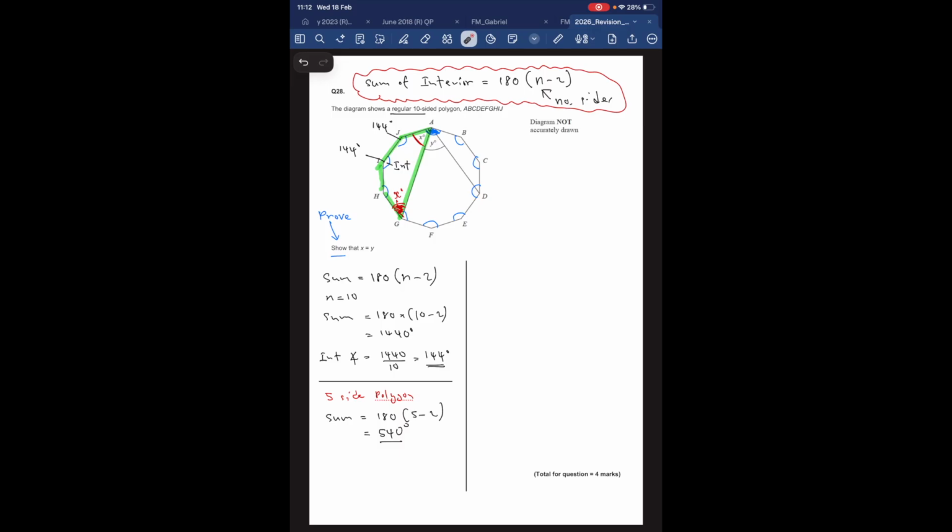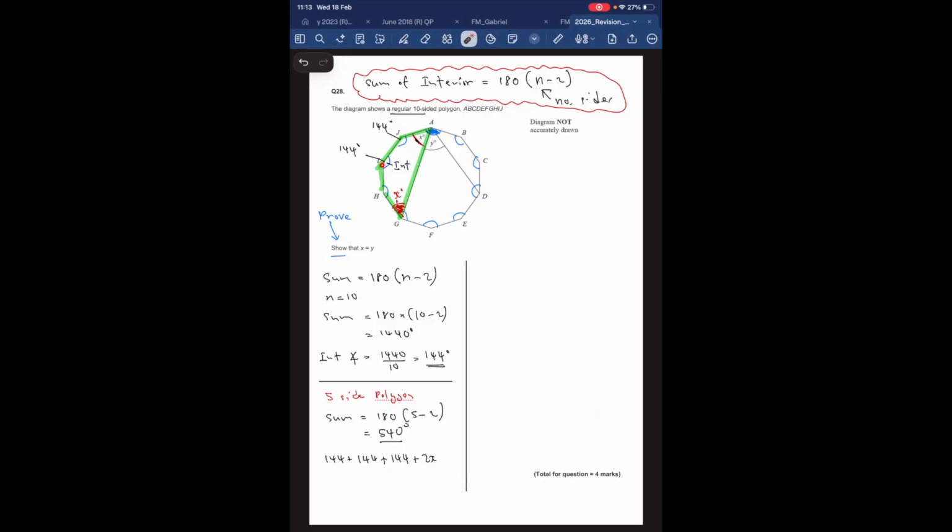So I can now work out what x is. I can write a little equation: 144 plus 144 plus 144, because I've got 3 interior angles, plus 2x, because I've got this x here and that x.